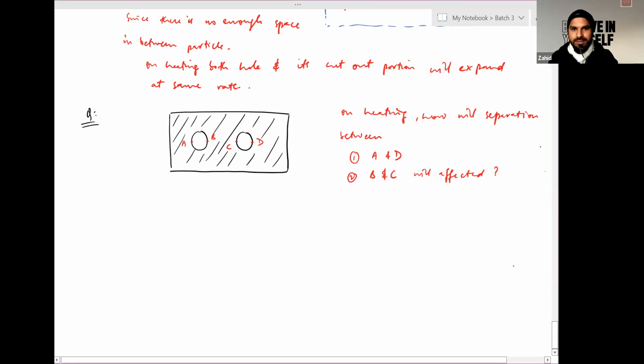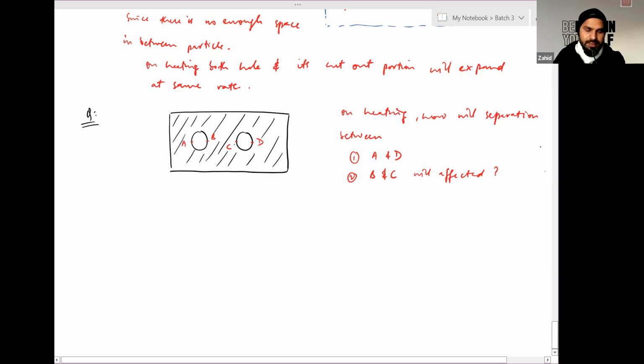Tell me. Will the separation between A and D increase, decrease, or remain same? Let me define you. Since according to heating concept, there will be expansion in this particular entire term. So there will be expansion in this first hole as well as in second hole. So separation between A and D will increase.